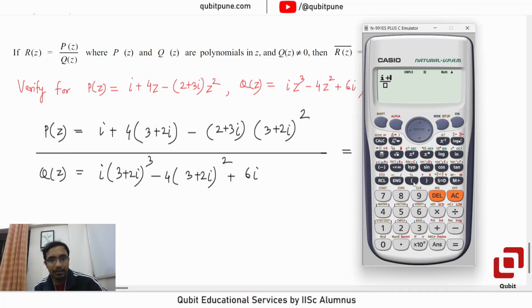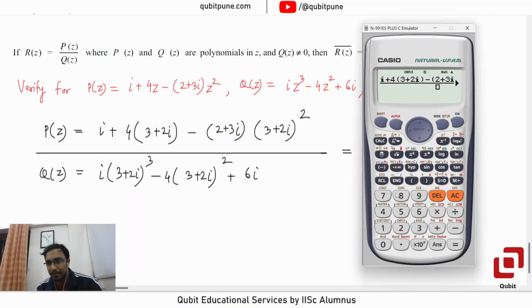i plus 4 into 3 plus 2i minus bracket 2 plus 3i bracket closed into 3 plus 2i bracket closed squared. That's the numerator.